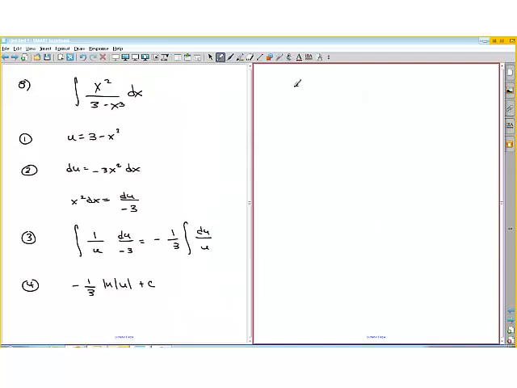And the final step is to substitute u back in. So we get negative 1/3 the natural log of the absolute value of 3 minus x cubed plus c. Okay, that looks right.